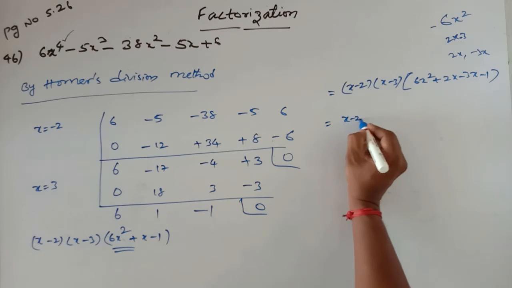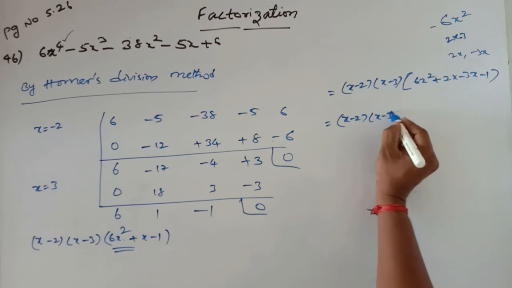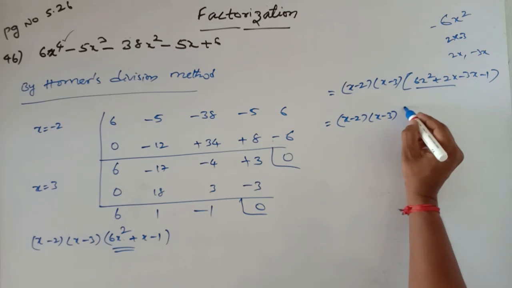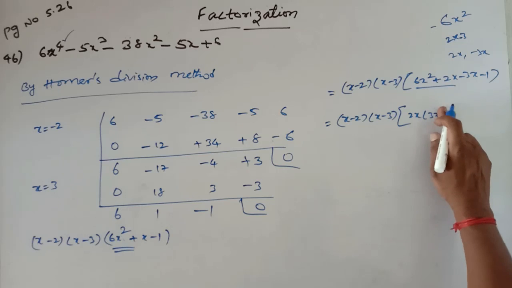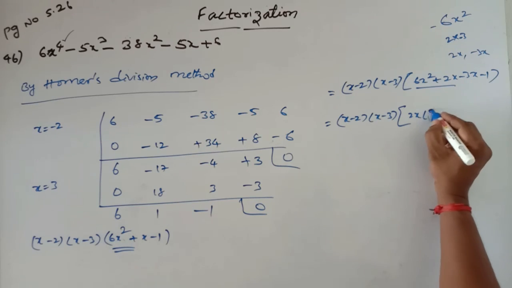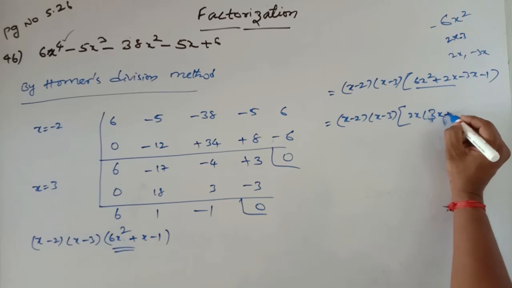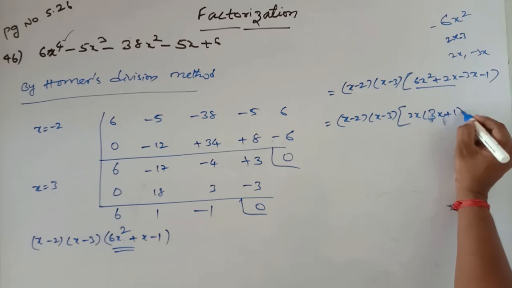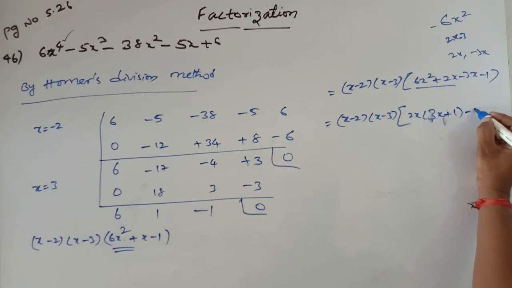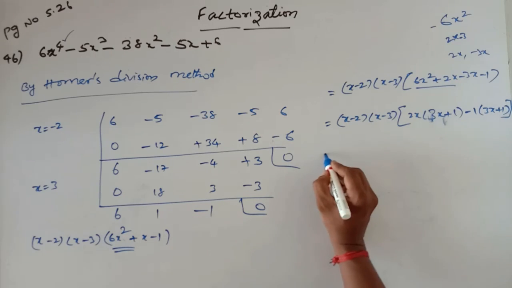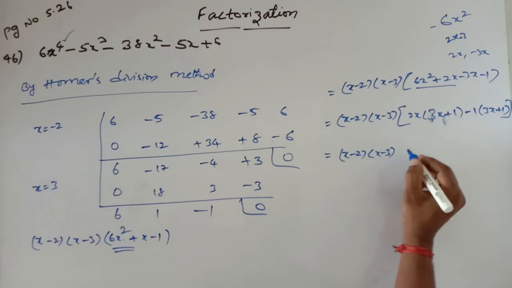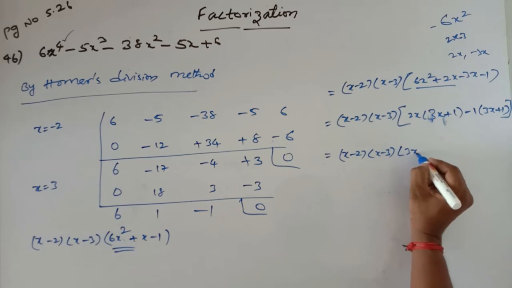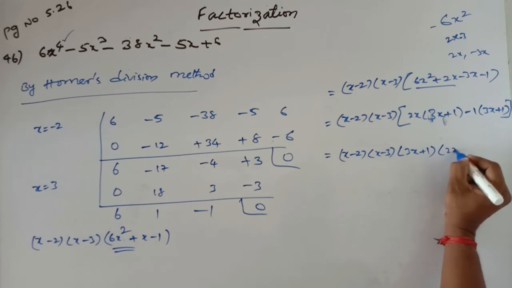That's equal to x minus 2 into x minus 3 into, in this common is 2x, then 3x square, 3x plus 1, minus 1 I am taking common, 3x plus 1. That equals x minus 2 into x minus 3 into, in this common is 3x plus 1 and the remaining is 2x minus 1.